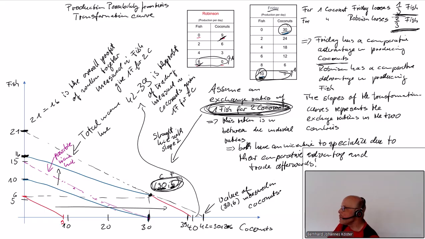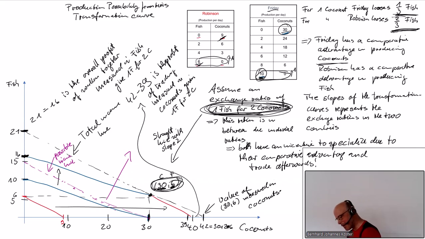And what are we doing quite often in economics? We say we have some restriction. The restriction is now our production possibility frontier, and then we are maximizing our aim. Our aim is our income line. So we try to move out this income line as far as possible.